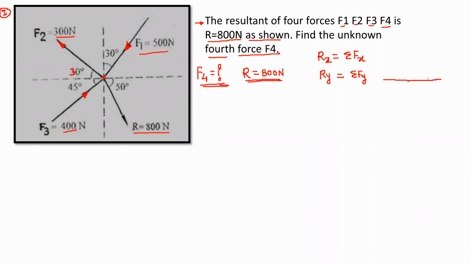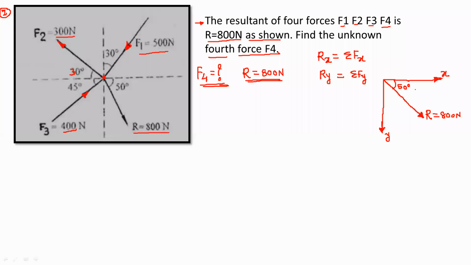So if I draw a separate figure only for the resultant, this is the fourth quadrant, this is the x-axis, this is the negative y-axis, and this is the resultant direction. This angle given is equal to 50°. So this is R, that is equal to 800 Newton.